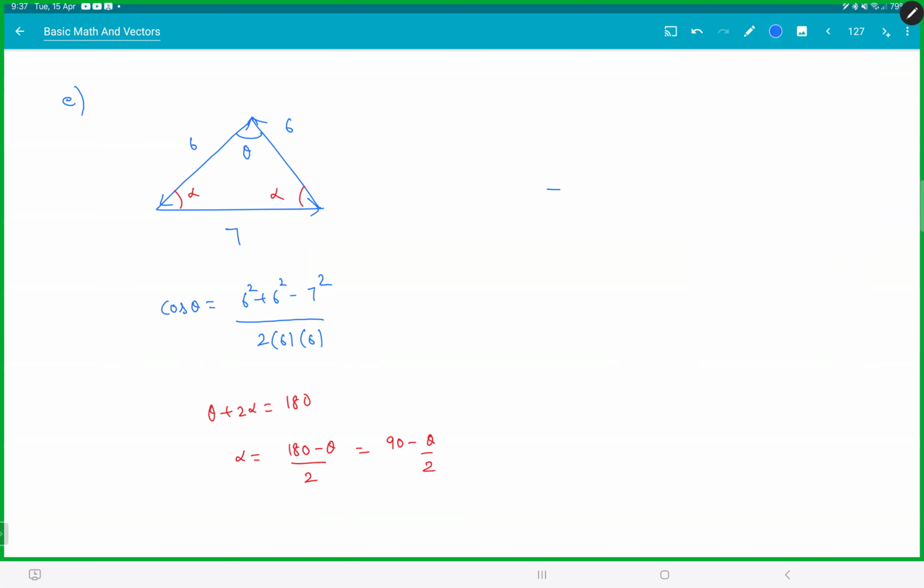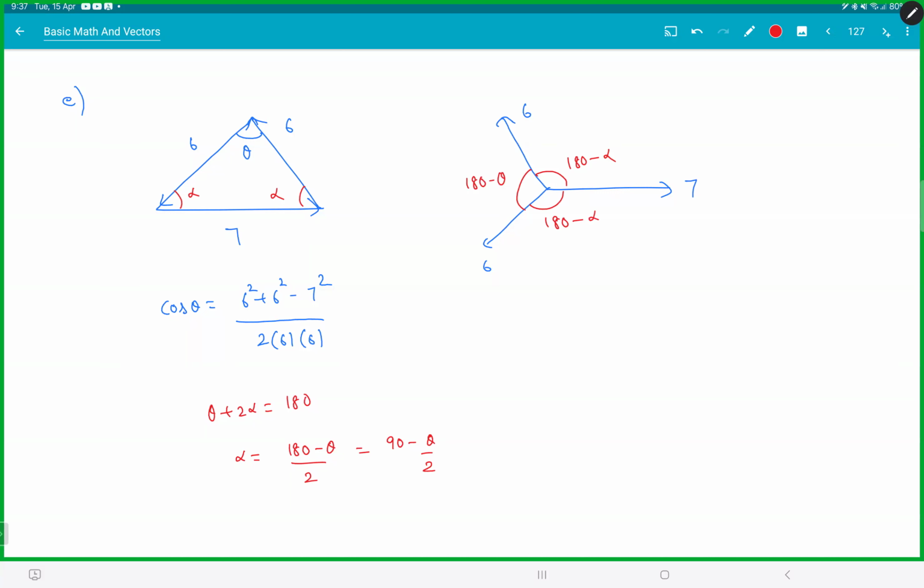Then we have to slide this thing. This is 7, this is 6, this is 6. So this angle will be 180 minus alpha, this angle will be 180 minus alpha, and this angle will be 180 minus theta.